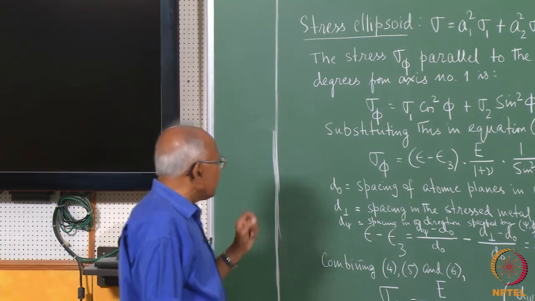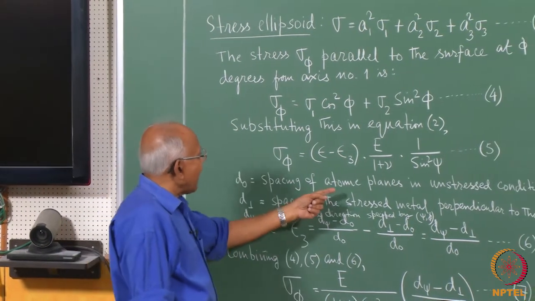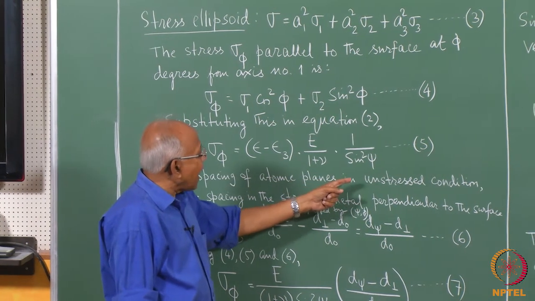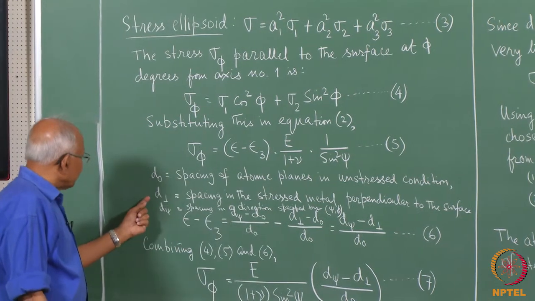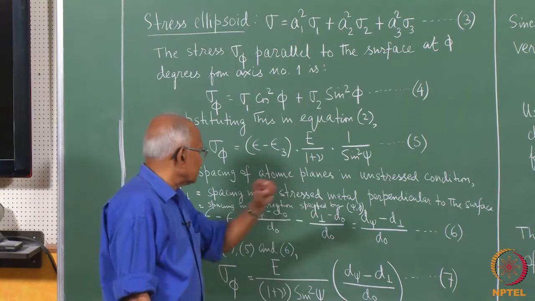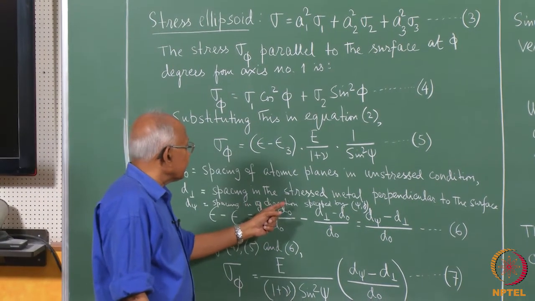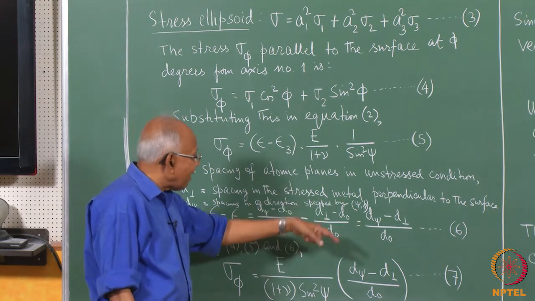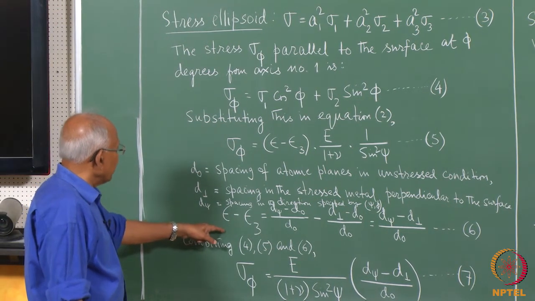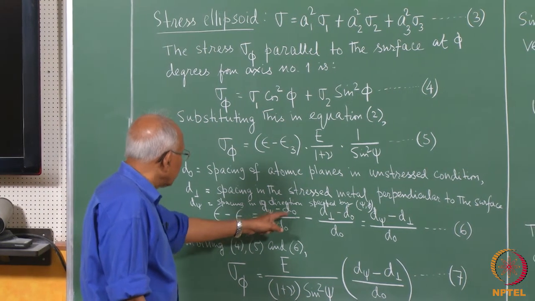Now, say for example, if we take d0 as the spacing of atomic planes in a suitable grain in the unstressed condition, and d perpendicular is the spacing in the stressed metal perpendicular to the surface, and d psi the spacing in the direction specified by psi phi, then we can write epsilon minus epsilon 3 will be equal to d psi minus d0 by d0.